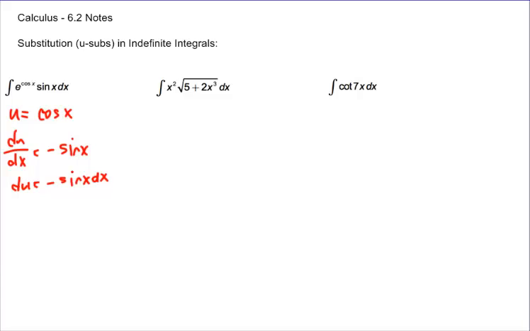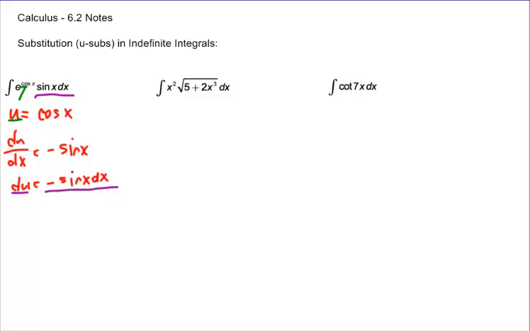Okay? And then if you'll notice, if this is what du equals, then I've almost got that right here. The only thing I need is that minus sign. So I can put a minus sign in here and get this. And then notice also that this u for cosine x is going to go into this position.